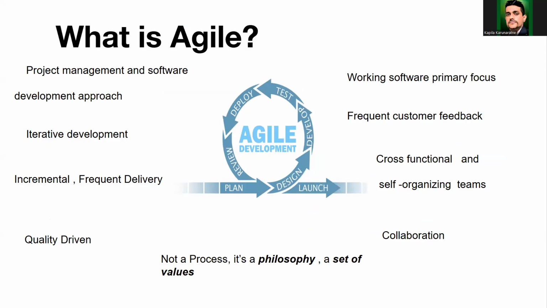Because of that, the quality will improve, and the client or whoever the end users are will know what we are going to deliver, maybe bi-weekly or in some very short period. We also get a lot of frequent customer feedback because we deliver incrementally, in small chunks of the product at once, not a large complete product at the end.